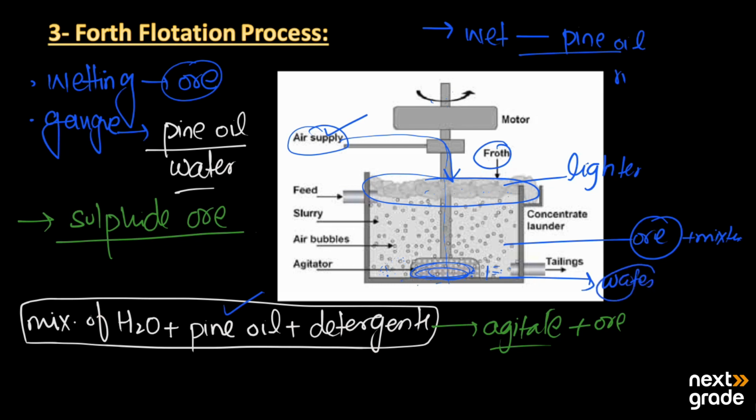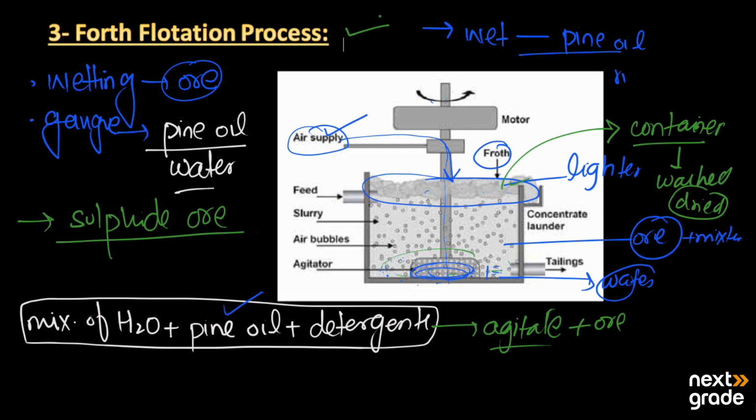The froth containing the sulfide ore is then transferred to another container, where it is washed and dried because it got wetted by the oil. So the sulfide ore is separated from the gangue, because the gangue particles settle at the bottom, and this process is known as the froth flotation process.